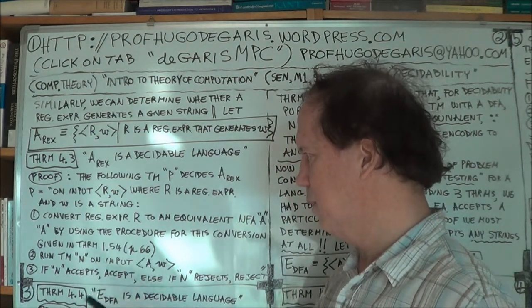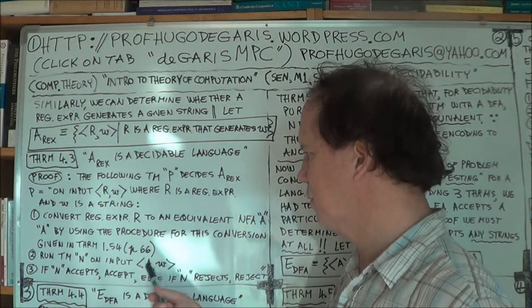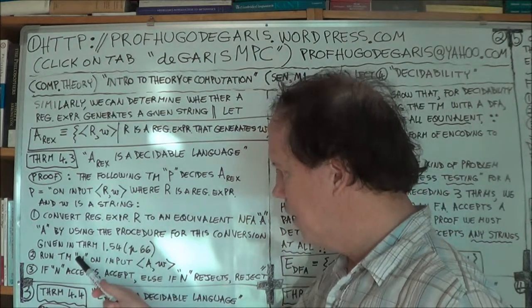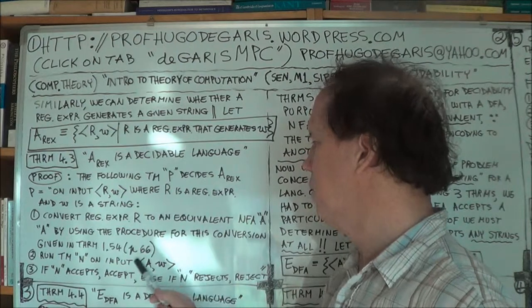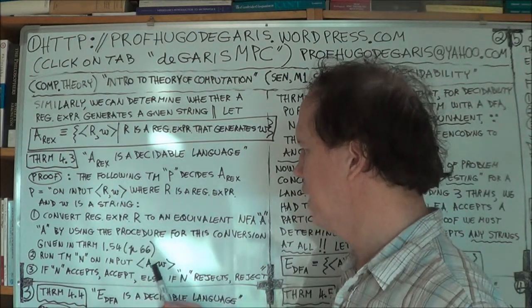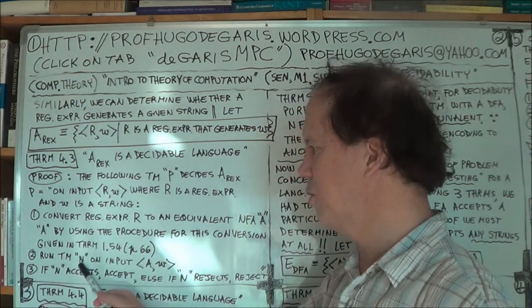So N is the Turing machine that decides the corresponding language of this form. Its input, go back a session or so, will be of this form. So it's not R, W, it's now A, W. This is the input that goes to this Turing machine.